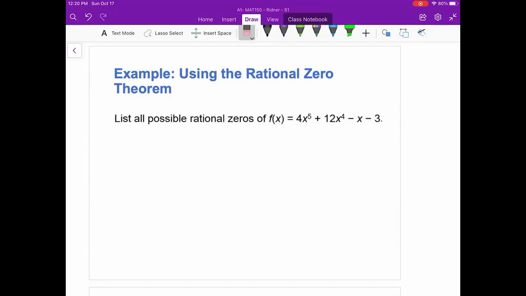Sorry, lost connection there. That's not to say that there wouldn't be irrational ones, but those are the only rational ones that it could possibly be.